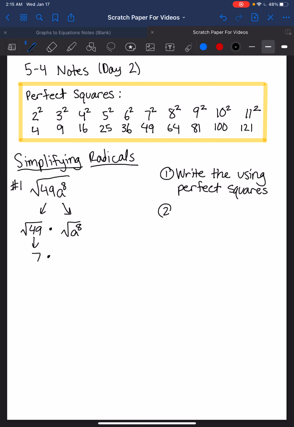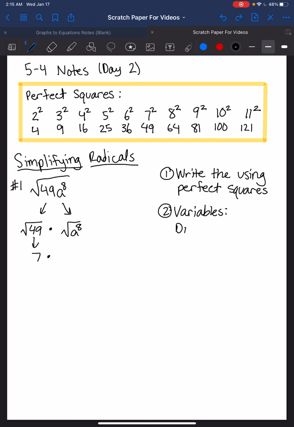All right, our next step is going to explain how to deal with variables. Variables. Divide the exponent.